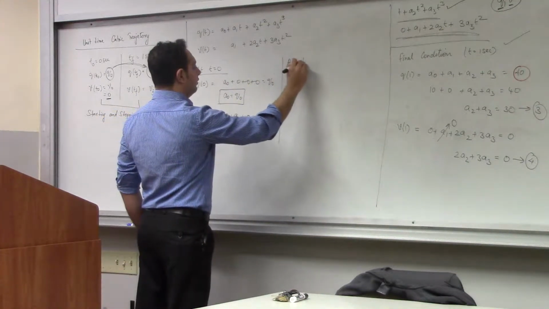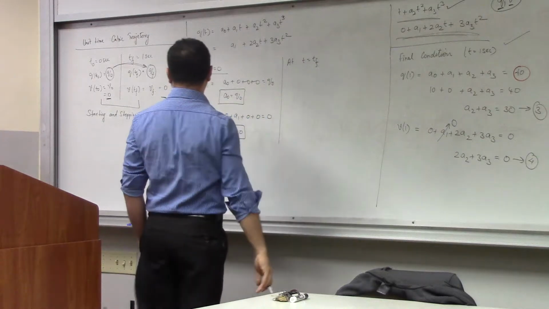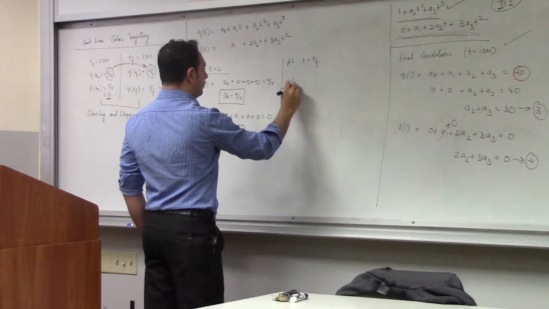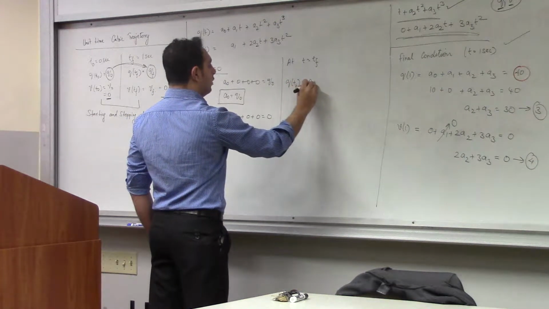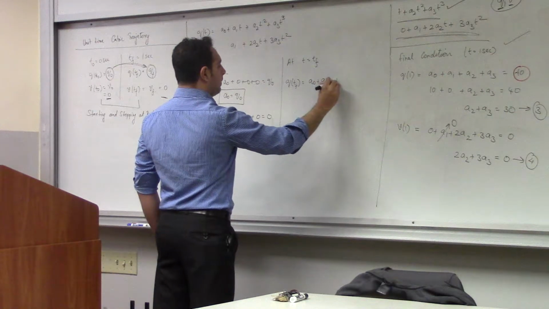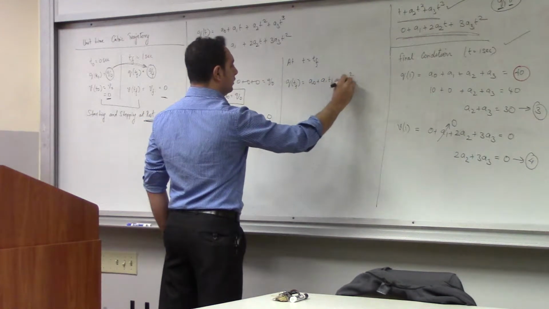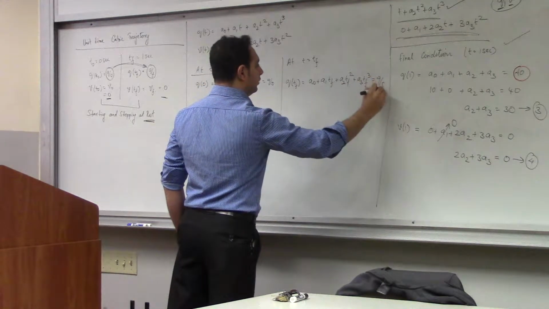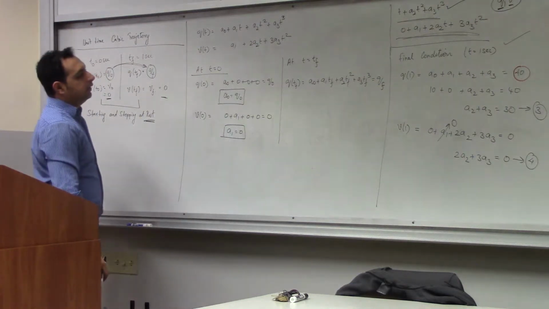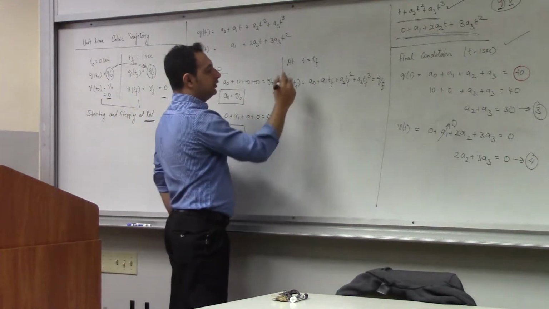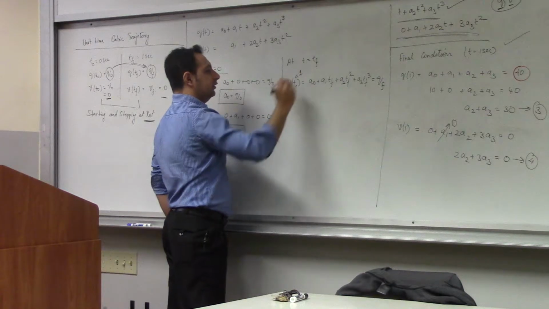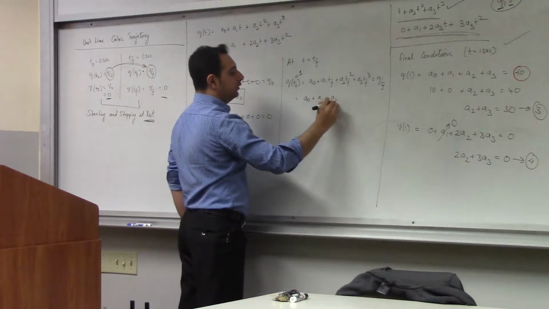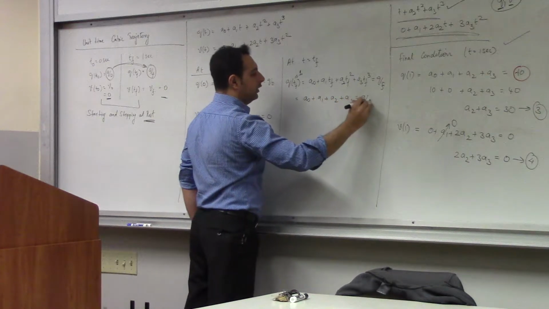At t equal to tf, we have q of tf will be equal to a naught plus a1 tf plus a2 tf square plus a3 tf cube. All right. Here tf is 1 second. So this will be equal to a naught plus a1 plus a2 plus a3 equal to qf.